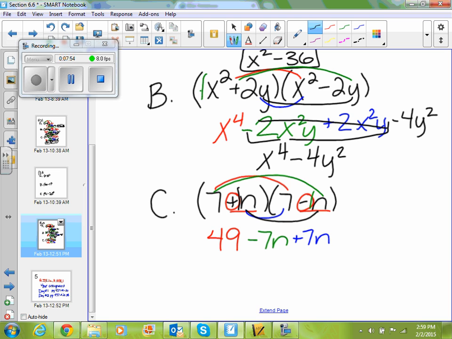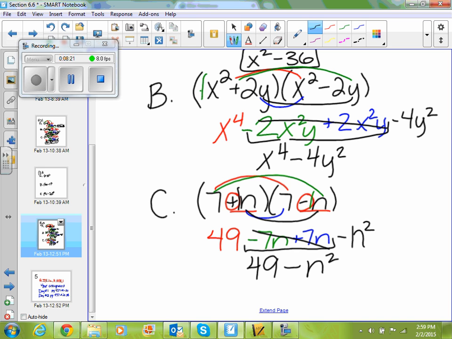So this is like a positive 1 times negative 1, which is negative 1. Okay, and n times n is n squared. So negative n squared. Okay, and then what happens to this negative 7n plus 7n? They cancel out, so I'm just left with 49 minus n squared.